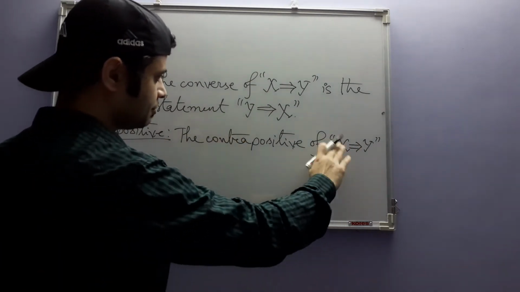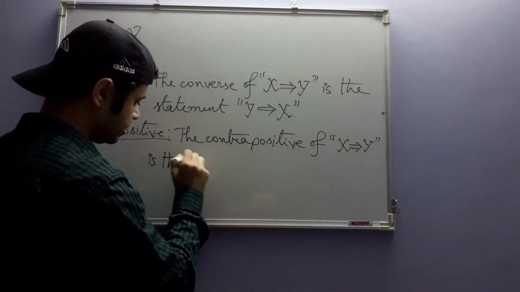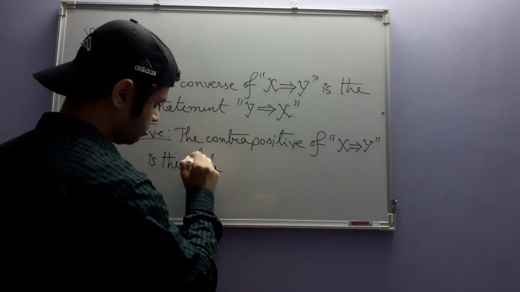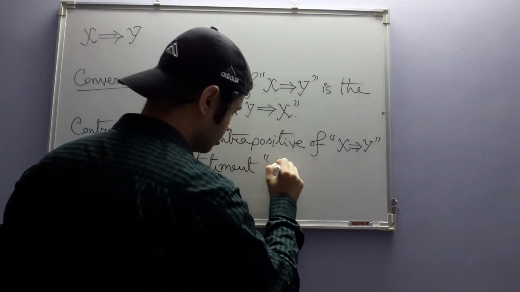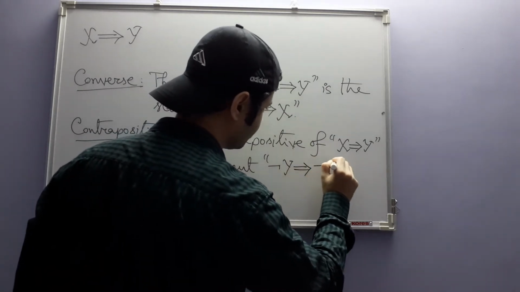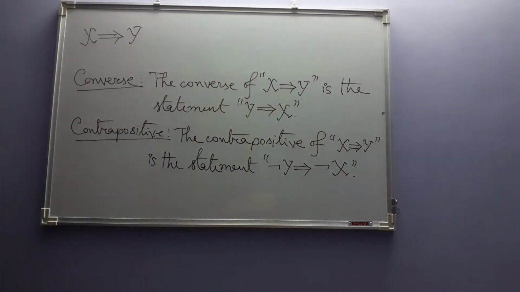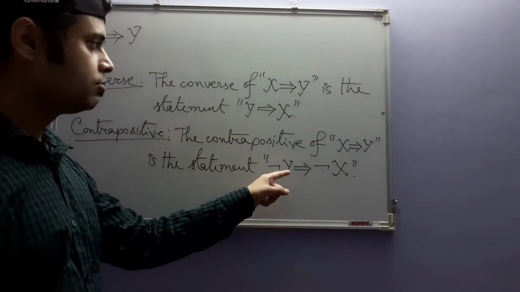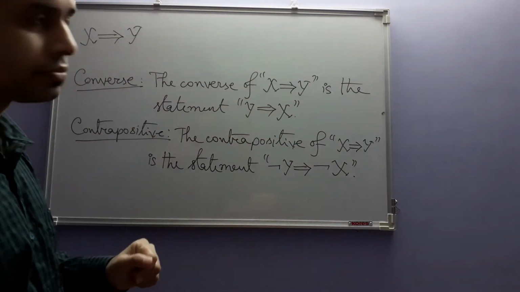The contrapositive of X implies Y is the statement negation of Y implies negation of X. Okay. So these are two statements associated with an implication.